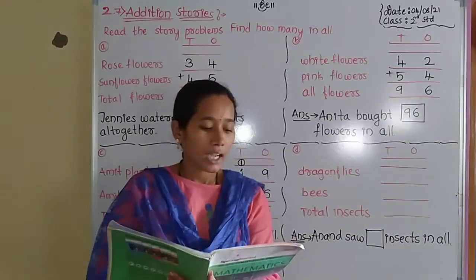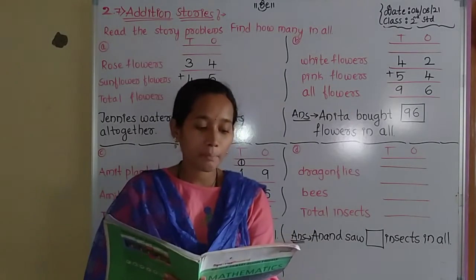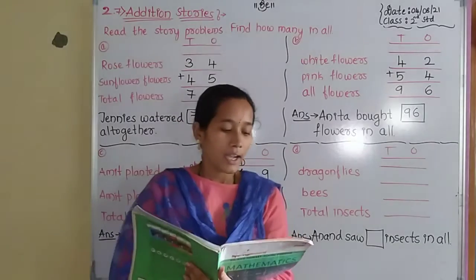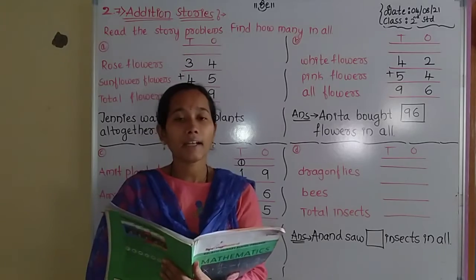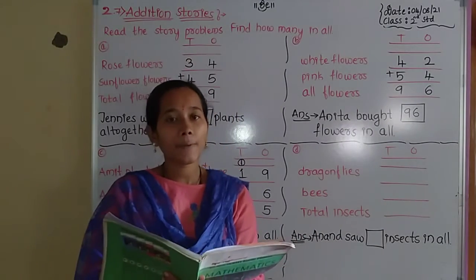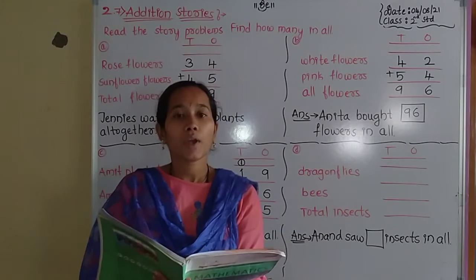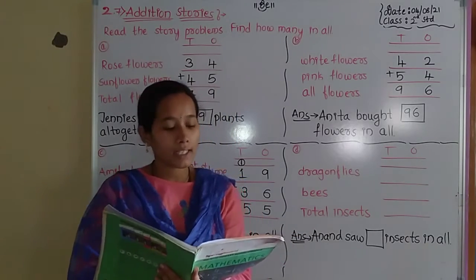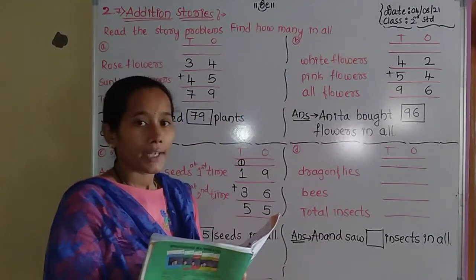Then the next and last one: at a park, Anand saw 27 dragonflies and 14 bees. How many insects did he see altogether? Here Anand saw dragonflies and bees, two different insects, so we write the addends as the numbers of insects.